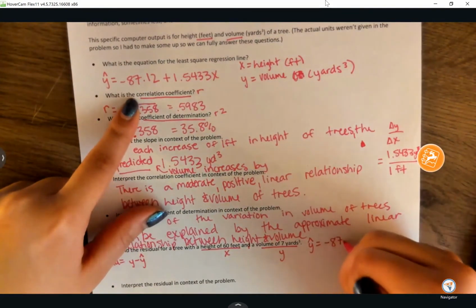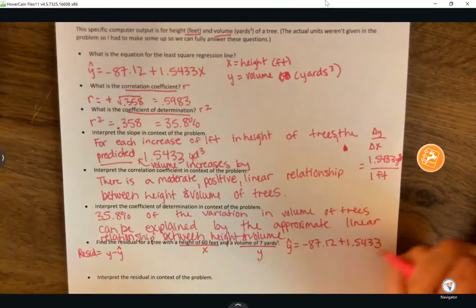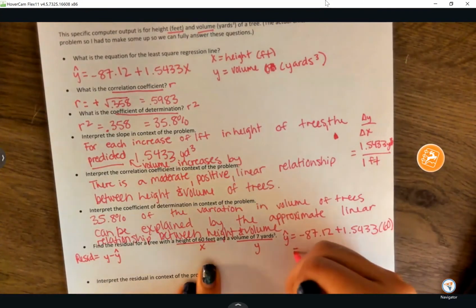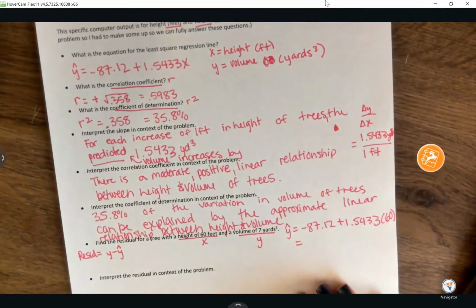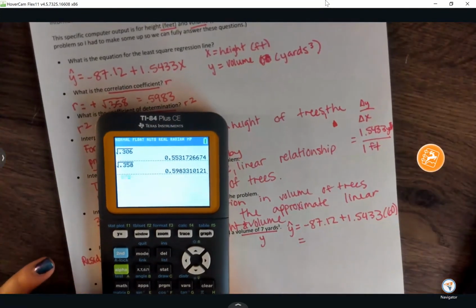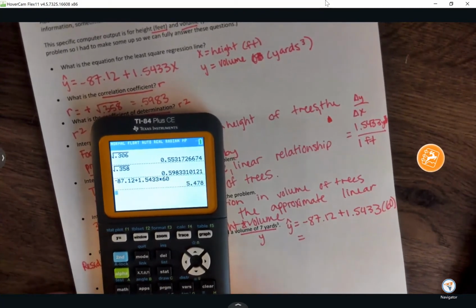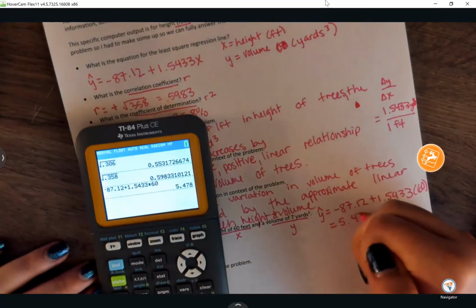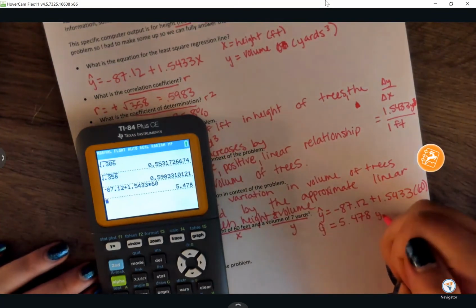So negative 87.12 plus 1.5433 times x, which is 60. Type that in. That gives 5.478 yards cubed.